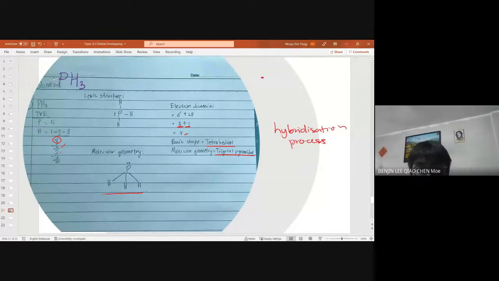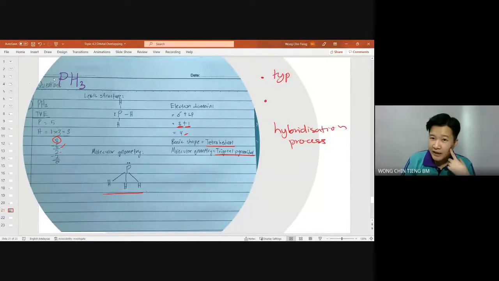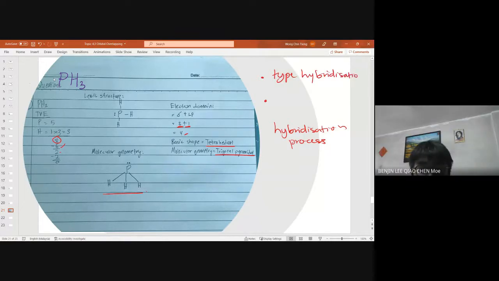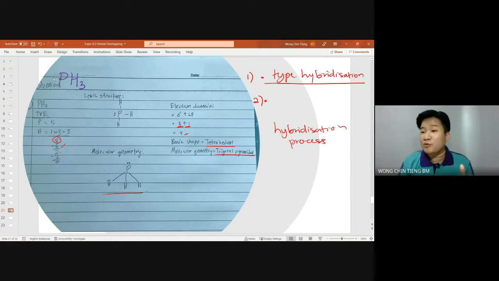Type of hybridization, and? The shape, basic shape, electron domain. You have electron domain before type of hybridization, by the way, boy.